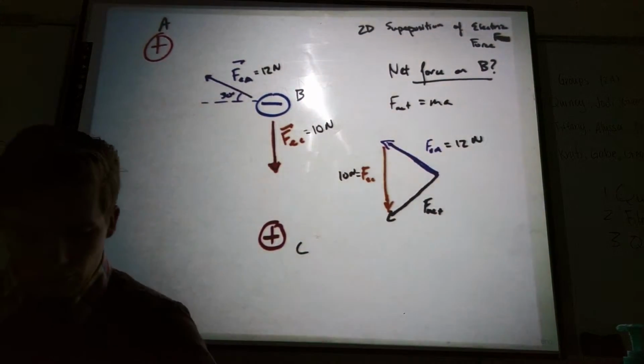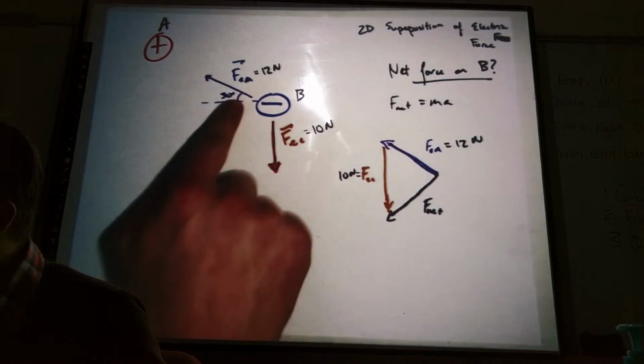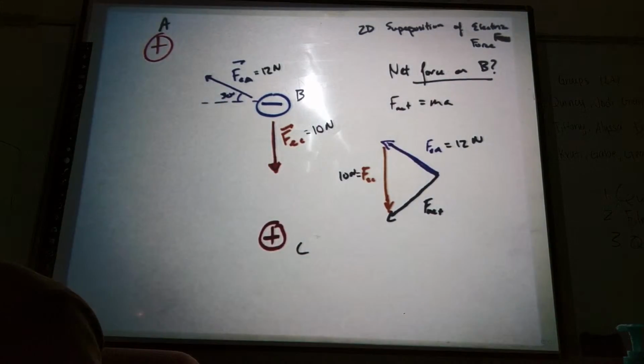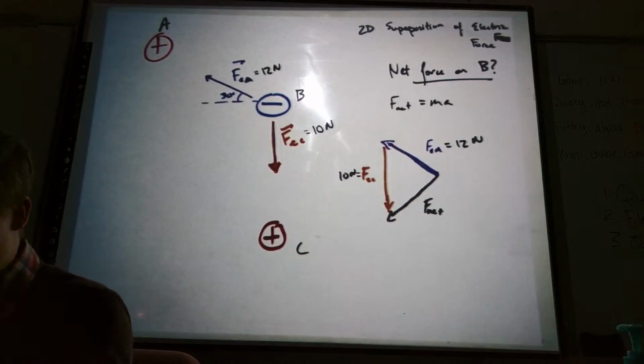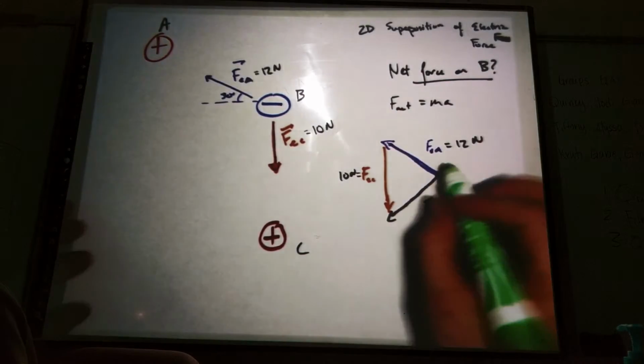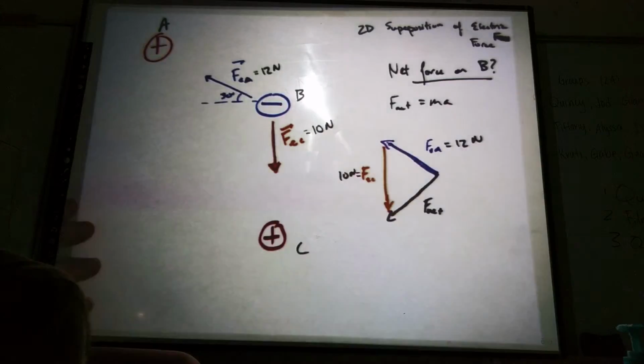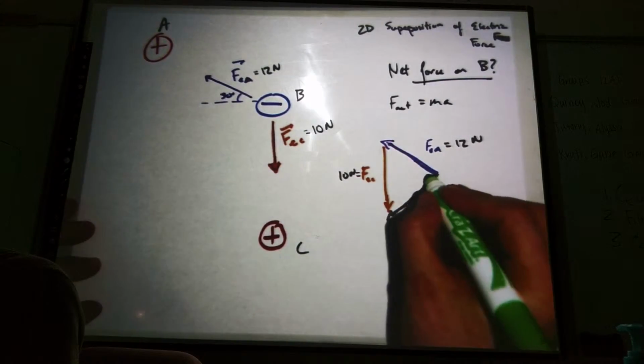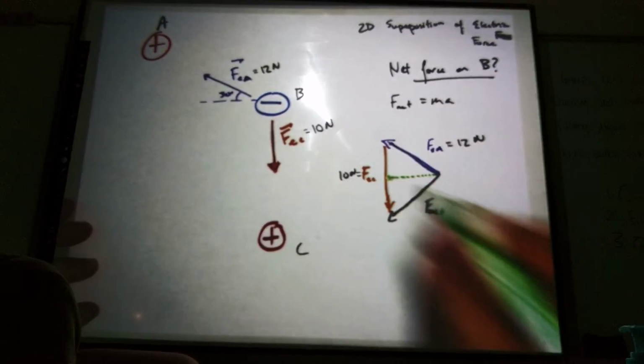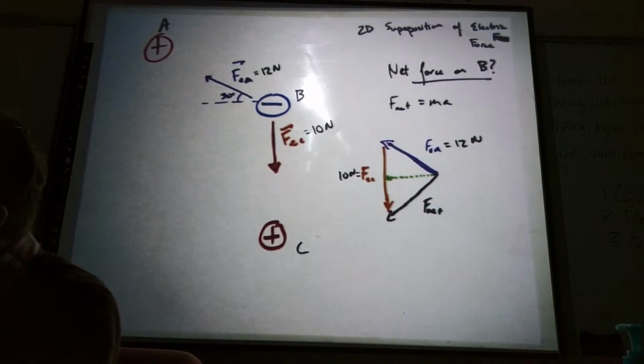Okay. Well, now that I know this angle, I can break this up like I have practiced so many times in this course. I'm going to break this up into an x component and into a y component.